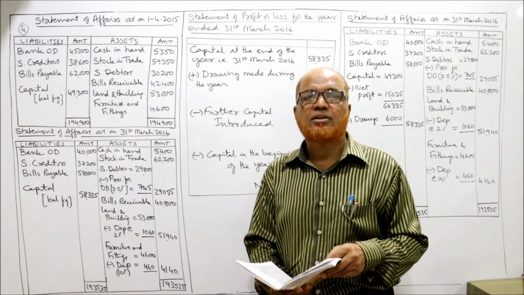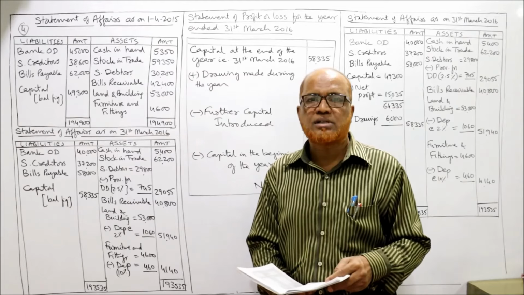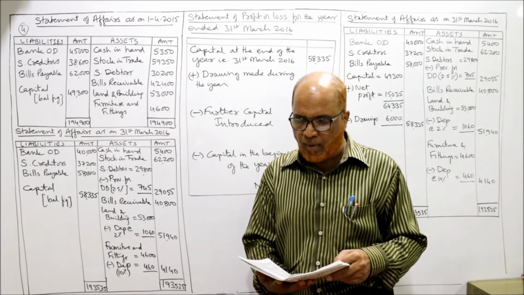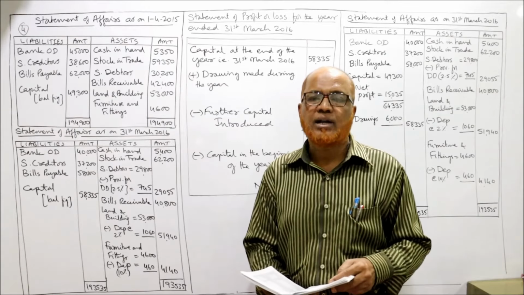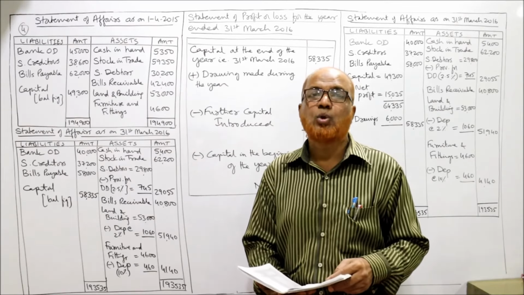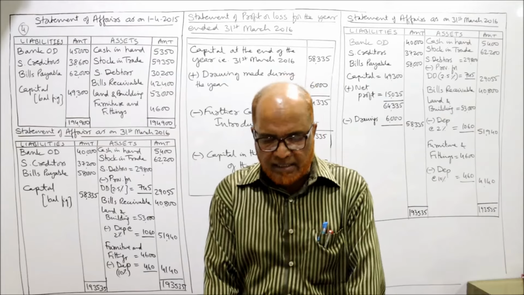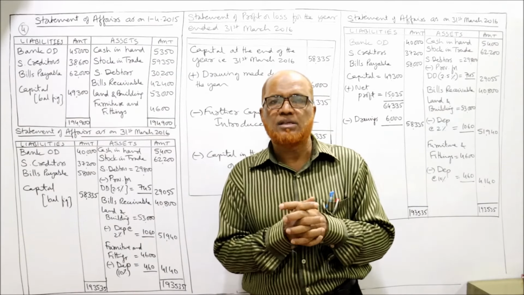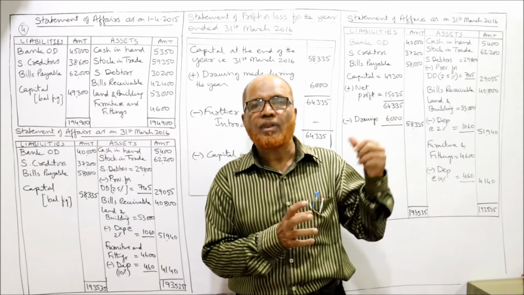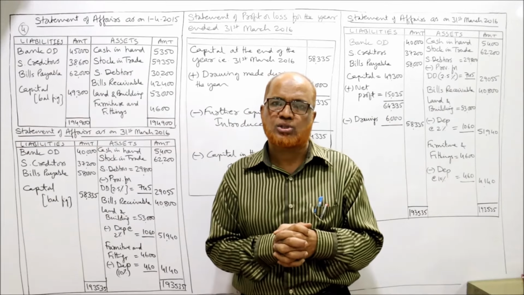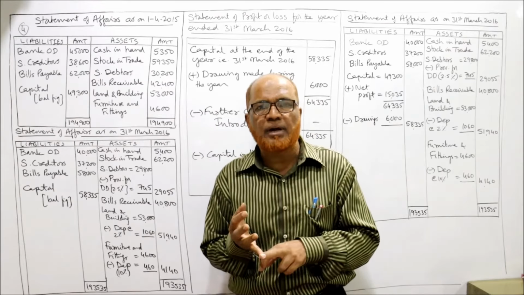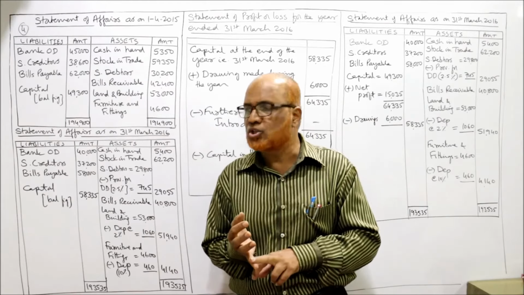Depreciation is to be calculated on land and building at 2%, on furniture and fitting 10%, and provide for doubtful debts at 2.5%. So in the adjustments we are given, first of all, drawings are made 6,000. This drawing will be taken in the statement of profit or loss. Secondly, it is given depreciation should be provided on land and building and also on furniture.